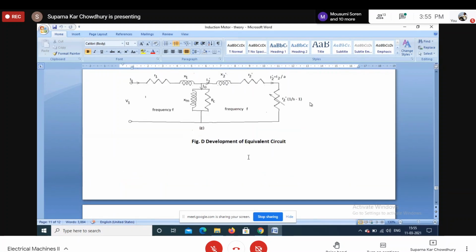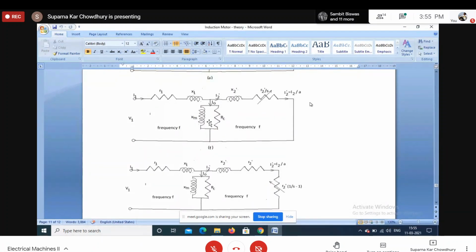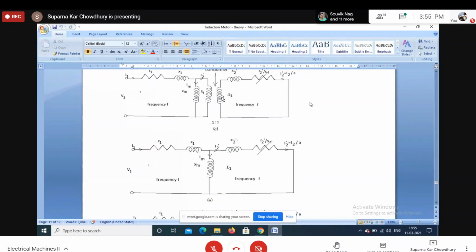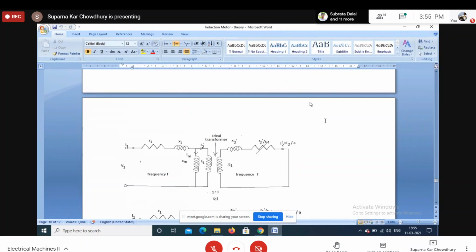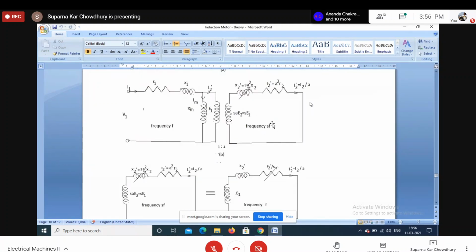Now, as in case of transformer, here also we can develop an approximate circuit. Now here, one thing to remember: though I have just by manipulation converted it to frequency F, actually if you think from the physical point of view, the magnetic field created by the rotor current will rotate with respect to the rotor conductor at a speed corresponding to the rotor frequency.